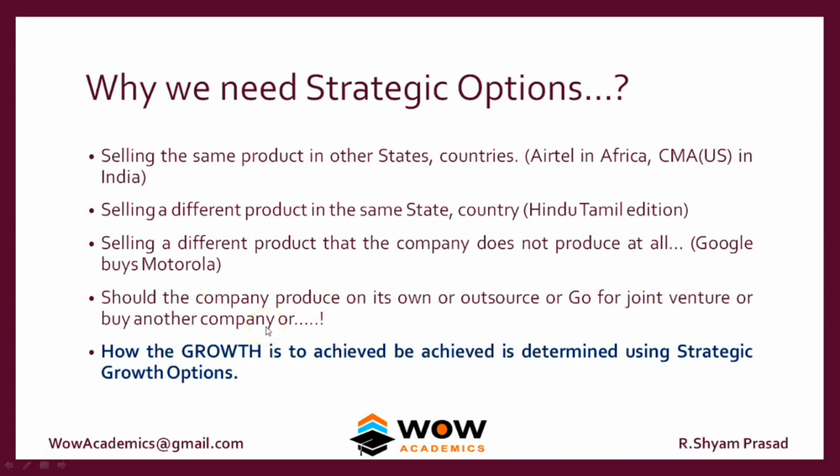So we have discussed certain options for a company to grow. There are actually an endless number of opportunities for a company to grow, but how the growth is to be achieved is determined using strategic growth options. Just because several options are available, we can't randomly pick and choose an option. We have to think about it and then choose a proper option to grow.